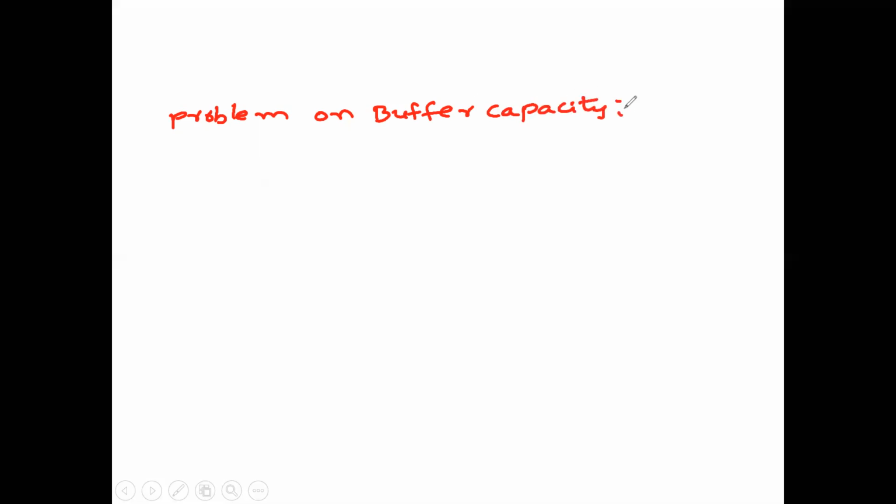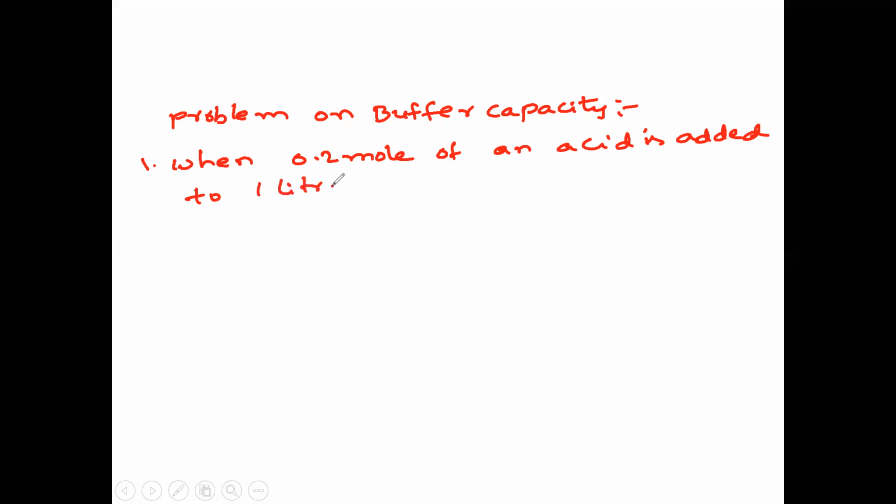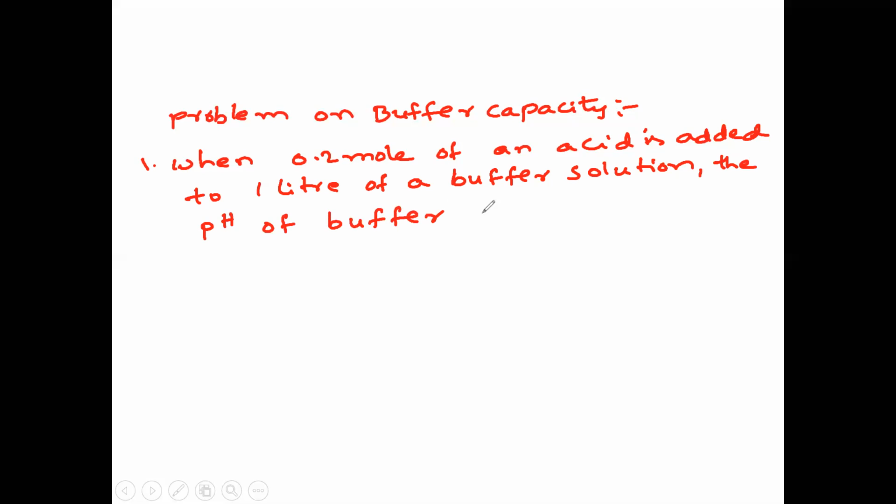When 0.2 moles of an acid is added to 1 liter of a buffer solution, the pH of the buffer decreases by 0.5.